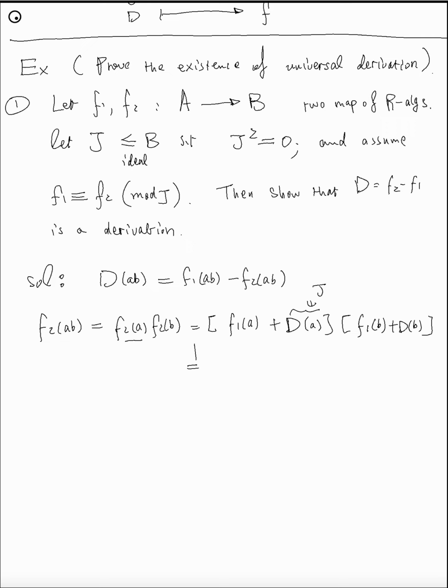Because by definition, F1 minus F2 has image in J.